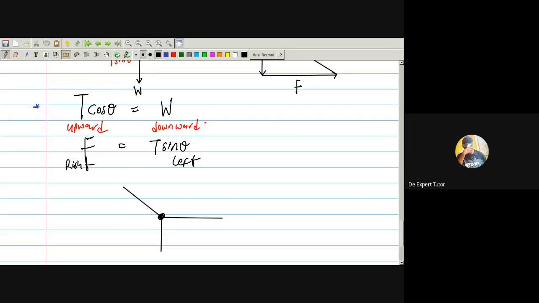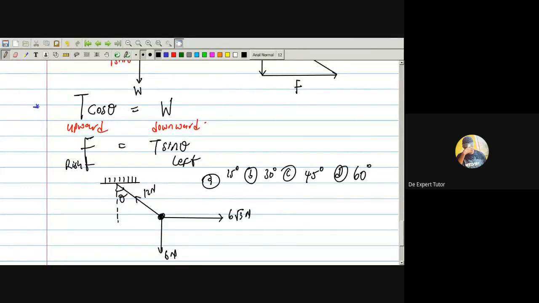This one is 3 Newton, this is 6 Newton, and the force going here is 12 Newton, making an angle that we don't know. The angle is theta. Find the value of theta. Option A, 15 degrees. Option B, 30 degrees. Option C, 45 degrees. And option D, 60 degrees.